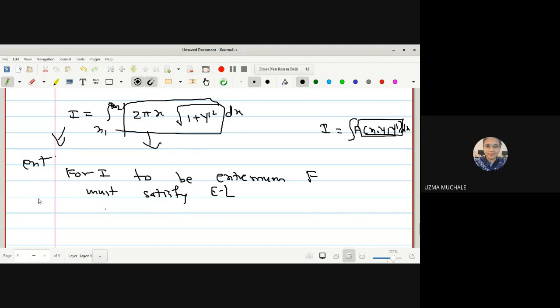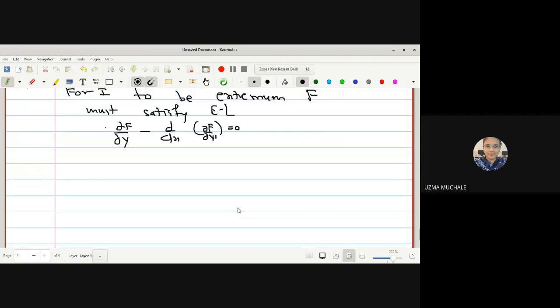That is, what is your equation? Dou f by dou y minus d by dx of dou f by dou y dash is equals to 0.